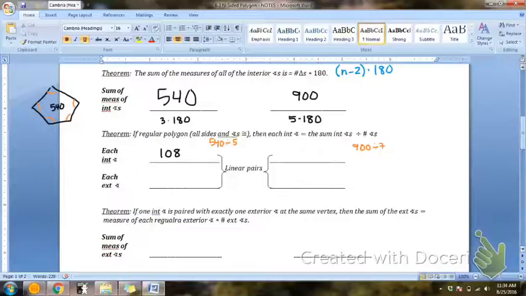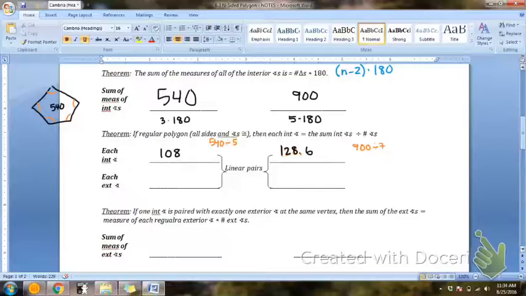It's okay to have decimals with these, because some of them are not going to turn out to be nice and even. Let's round to 1 decimal place. So I have 128 point what? 0.57, so that would give me 128.6. So each angle is 128.6 in a heptagon.